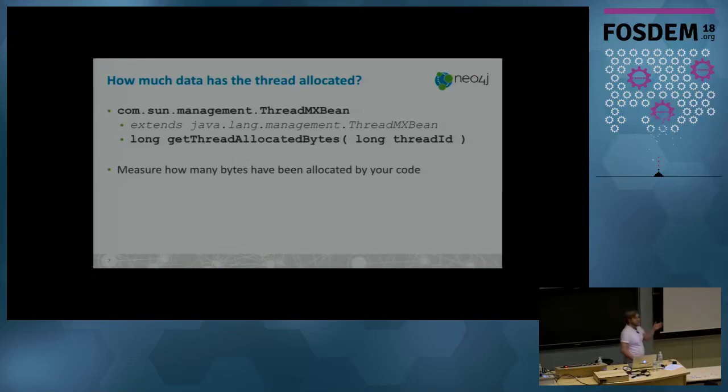You take a snapshot before your code starts executing, take a snapshot afterwards, and compute the difference. That tells you how much data was allocated by that code. Sure, it doesn't tell you how many objects were allocated, but the number of bytes is a really interesting measure because it tells you essentially how much pressure the allocator and garbage collector will be under.